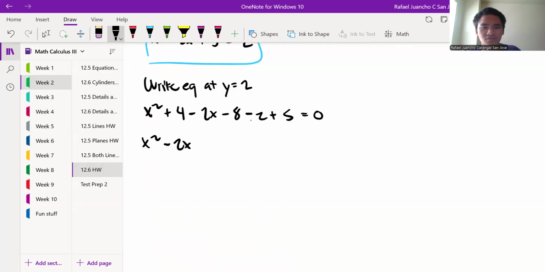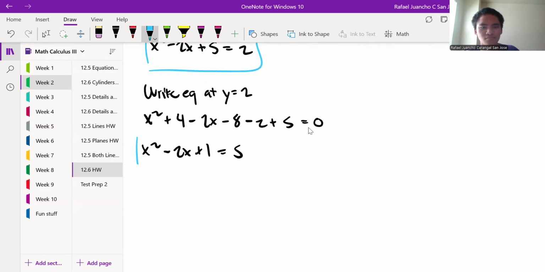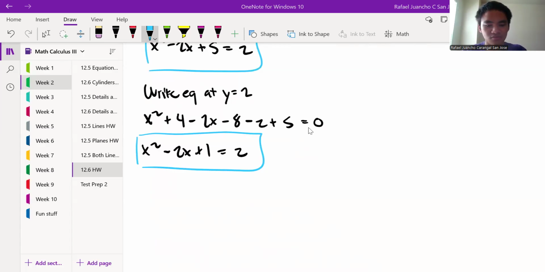Here are our constants: 4 and negative 8, that's minus 4. Add that to 5, that's 1. So I have a positive 1 here. Equals z. Which I think looks possible as well. But again, I'm not sure. I'm not really good at geometry. Okay. Then we do x is 0.